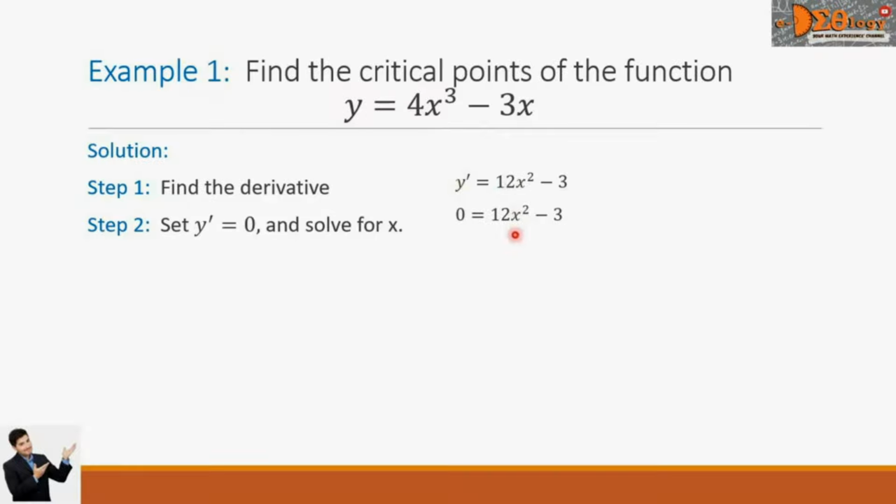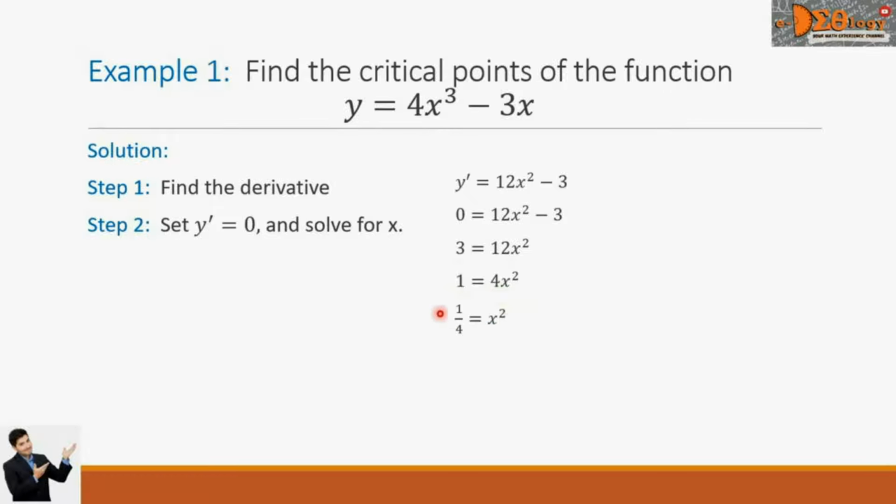Let's solve for x now by first transposing this negative 3 to the left side. The negative becomes positive 3. And here, we simplify this equation by dividing by 3. So the left hand becomes 1 is equal to 4x squared. Let us isolate the x squared by dividing this equation by its coefficient. Divide by 4.